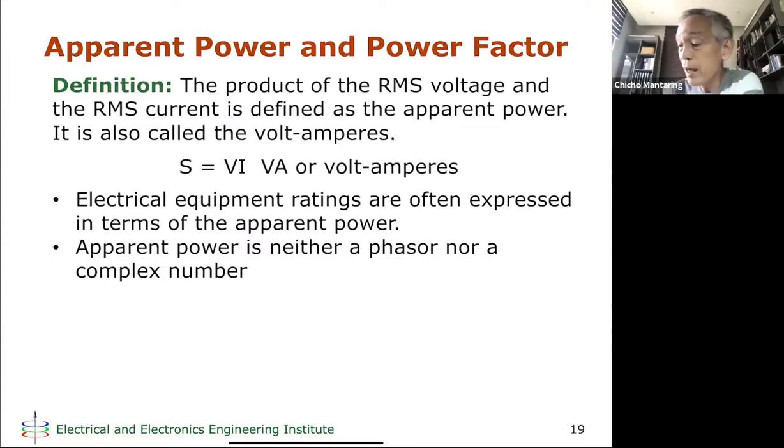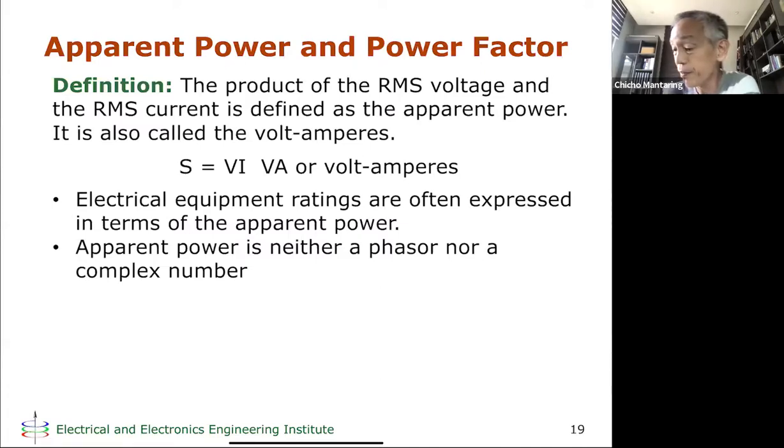Note that apparent power is neither a phasor nor is it a complex number. It is just a scalar quantity because it's the product of two RMS quantities. Your RMS values are not complex numbers. They are just scalar quantities.